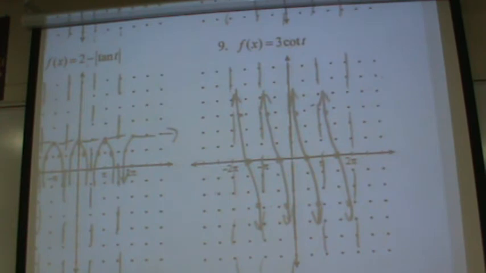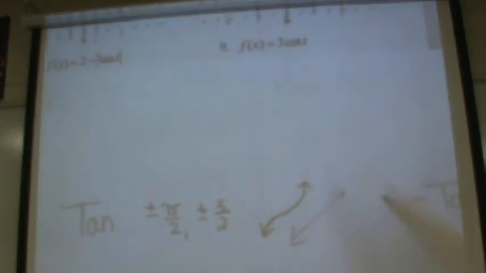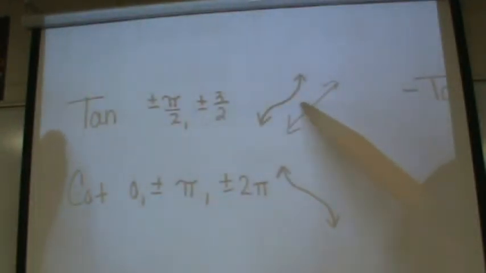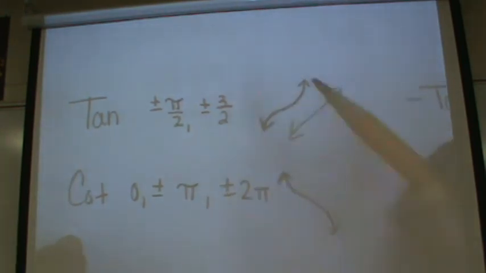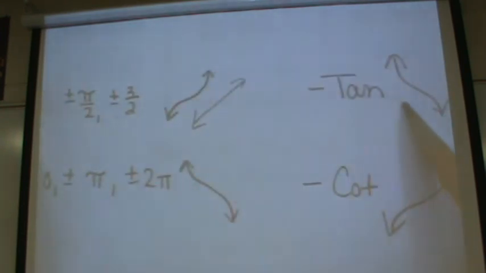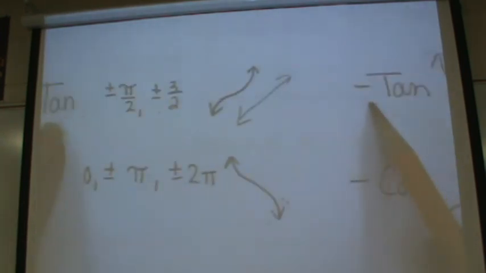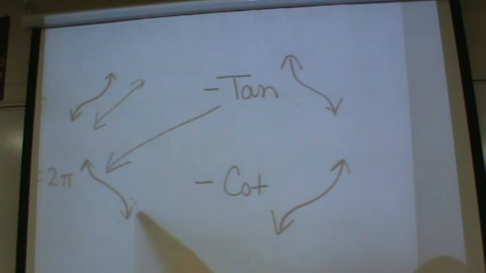Yes. No, tangent. Tangent looks like that. Cotangent's this way. But if you put a negative in front of the tangent, it looks like that. The negative tangent looks like the cotangent.